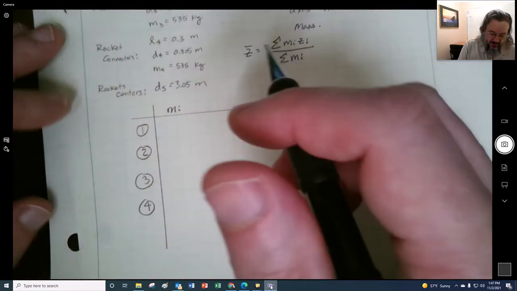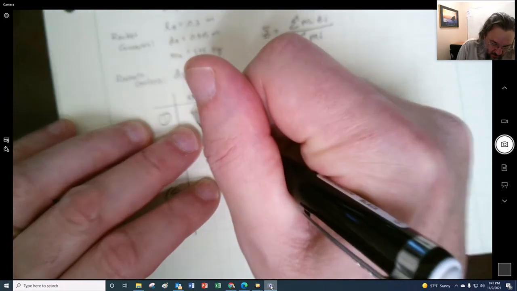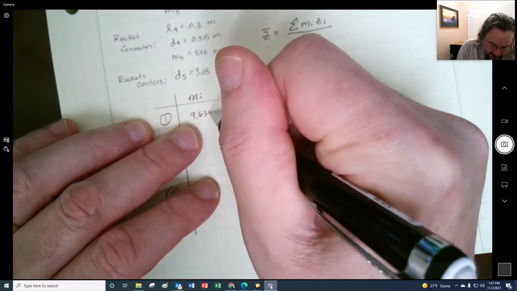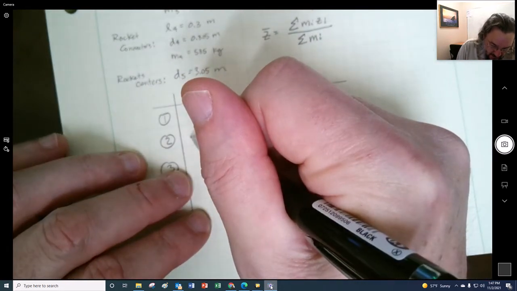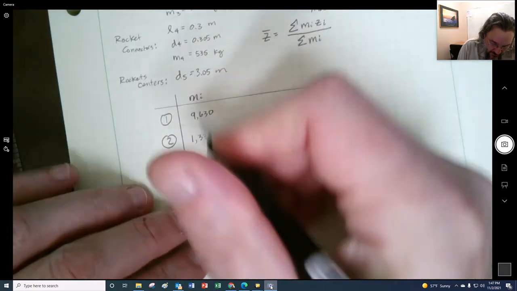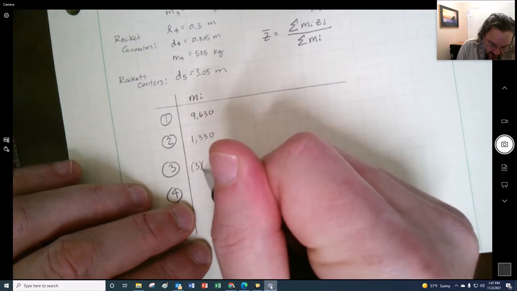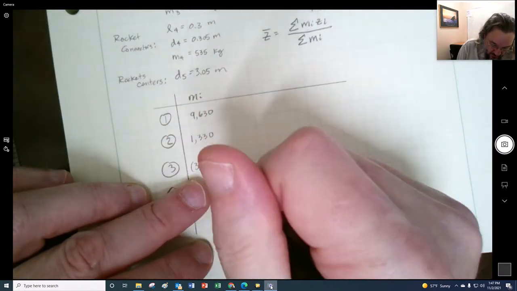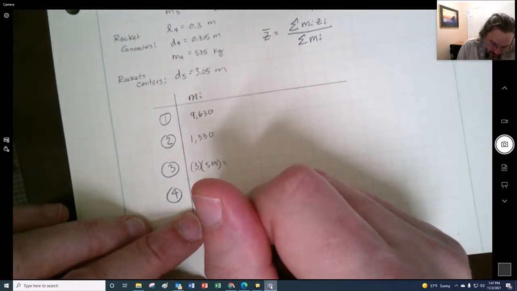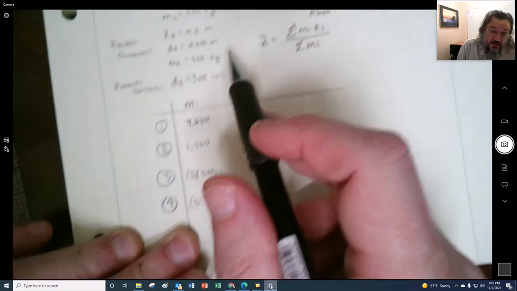All right, so I'm going to keep looking at the time and saying, how long is this going to take me? Hopefully it won't take you that long. So the mass of 1 was simply 9,630, and the mass of 2 is 1,330, and the mass of 3 is going to be 3 times 535, and then also we're going to have 3 times... oh, I messed it up already.